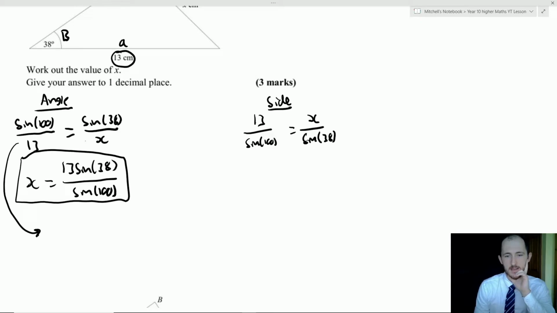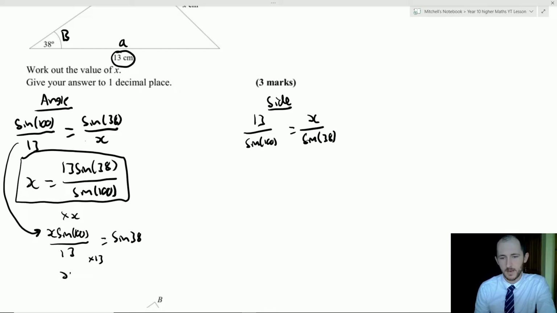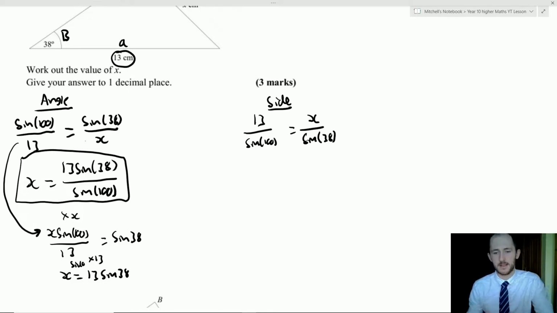So if we go down here, I want to times both sides by x to bring x to the top. And I get x sine 100 over 13 equals sine 38. Then I times by 13. In fact, let's start that bit again because that's a bit messy.